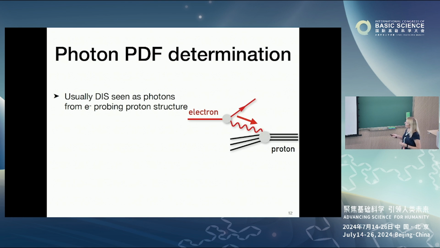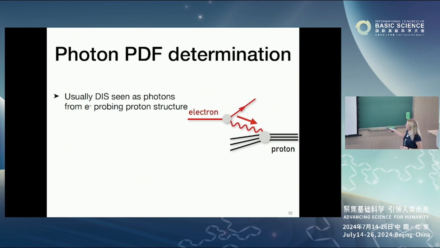Okay, so how do we compute the photon parton distribution function? Everything is based on exploiting deep inelastic scattering data. In fact, I should say electron-proton scattering data, not really deep inelastic scattering, because you actually look at all ranges of Q squared.